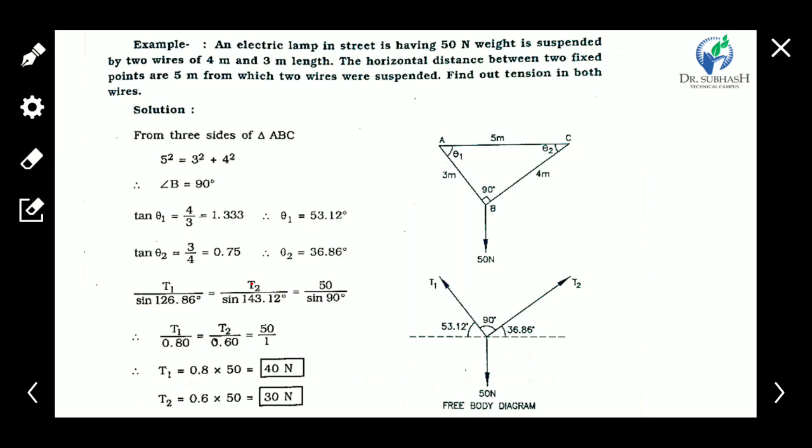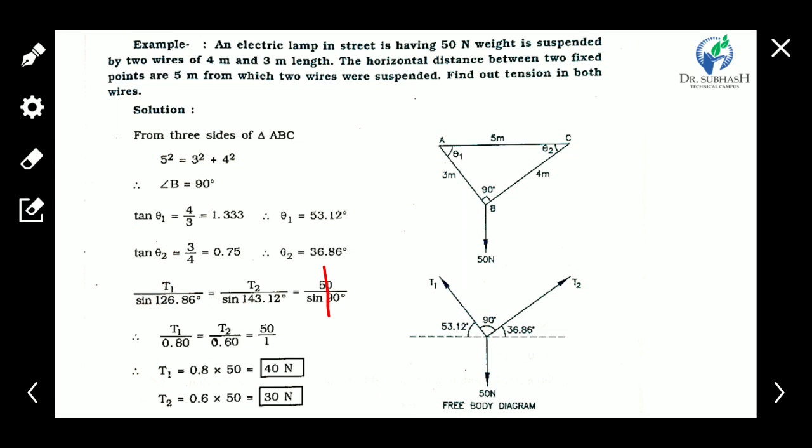Now take the T2 force upon the sine of the angle between the other two forces, 90 plus 53.12, so 143.12 degree, and the last one is the 50 Newton force upon sine 90, the angle between the two forces.